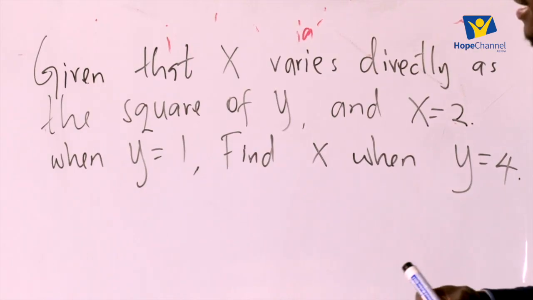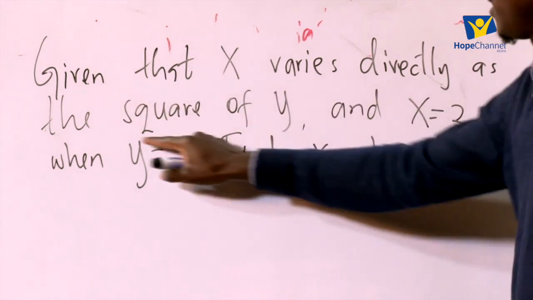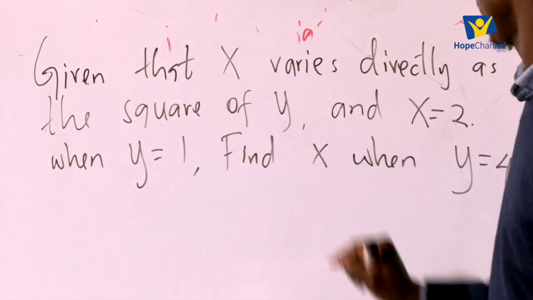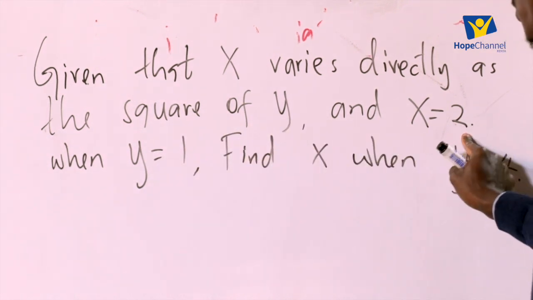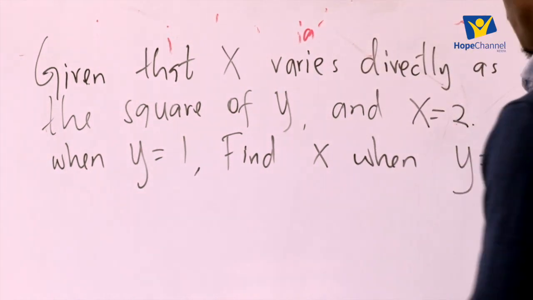So the question is, given that x varies directly as the square, note that, the square of y, and x is equal to 2 when y is 1, we're supposed to find x when y is 4.